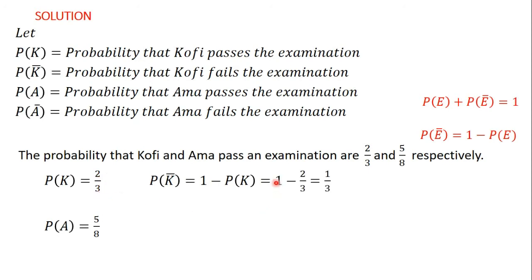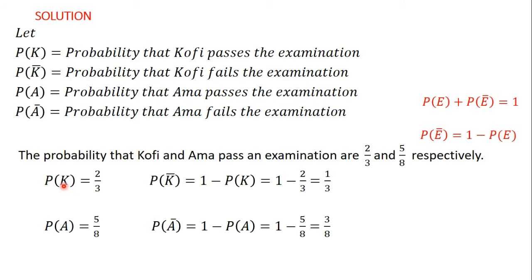So this will give us 1 minus 2 divided by 3, which will give us 1 divided by 3. In the same way, P(A complement) is equal to 1 minus P(A). We know P(A) as 5 divided by 8. So P(A complement) is equal to 1 minus 5 divided by 8, which will give us 3 divided by 8.